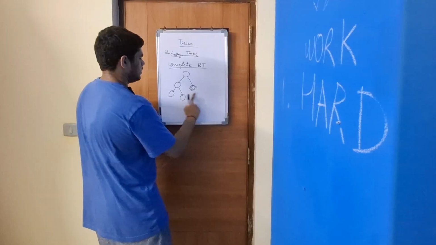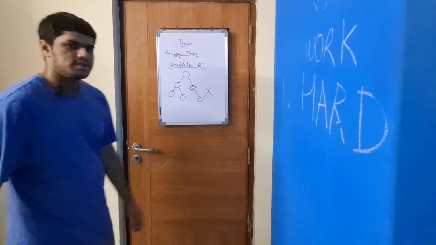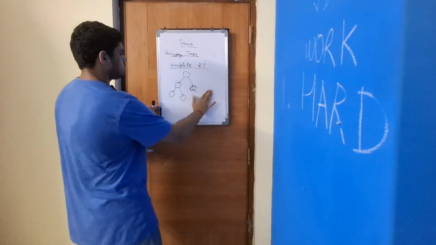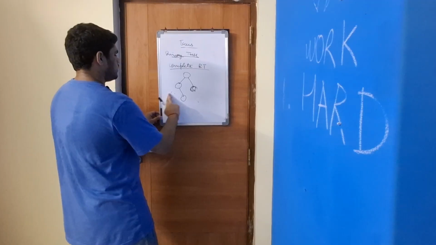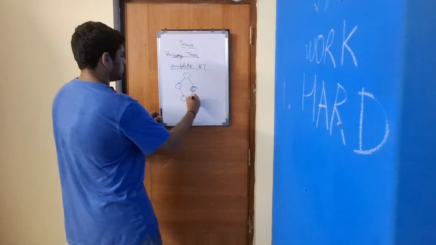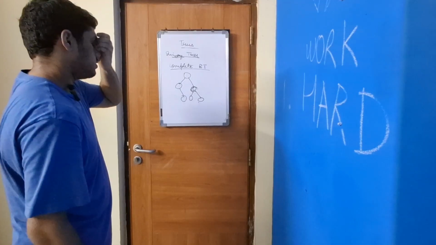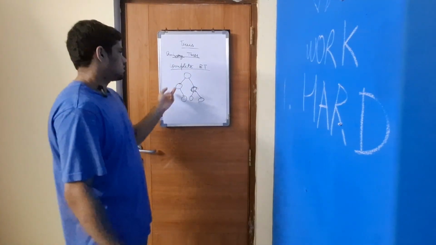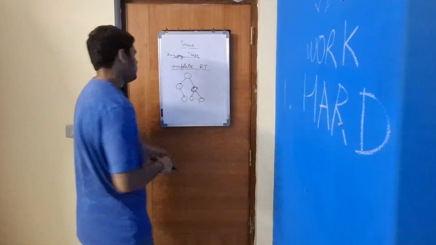And it can't be like this. It's wrong. Now I want you guys to comment down whether this tree is a complete binary tree or not. This is the problem for today.